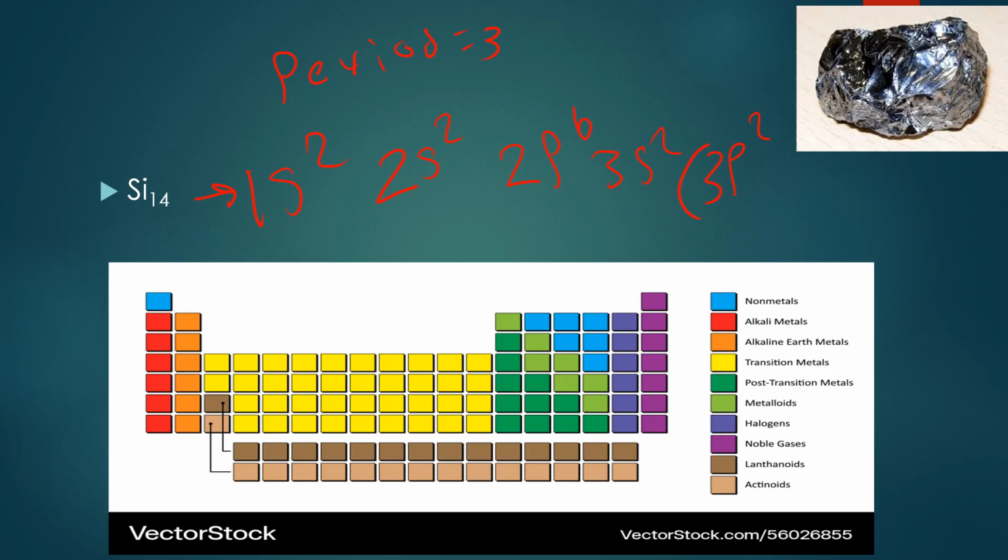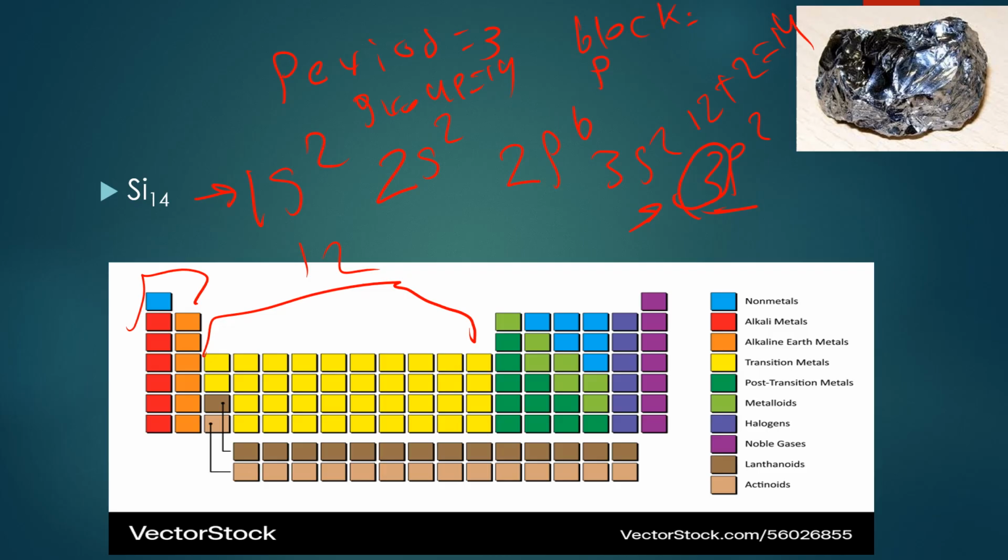Because the highest main energy level is 3, and we know that it's in the P block, it will pass through the S and D. That's 12, and we're going to add the 12 to the 2 of the P, so it's going to be in group 14. So the group number is 14, and we know it's in block P because that was the last one filled.